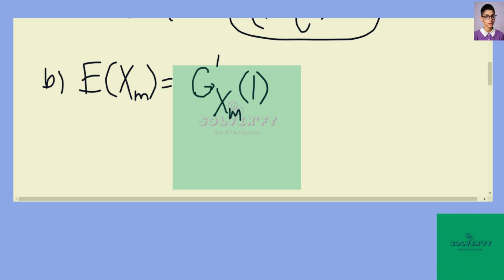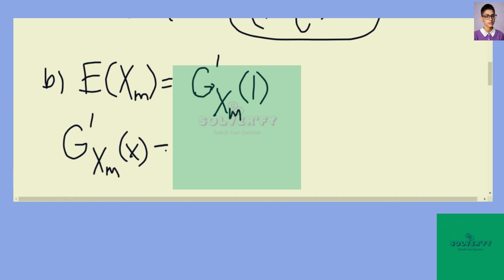And so to find this value, we need to take the derivative of G_X, and you can do this on your own. I'm going to pause here and do it.